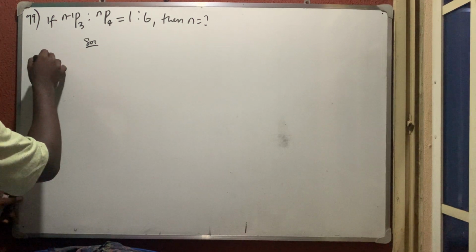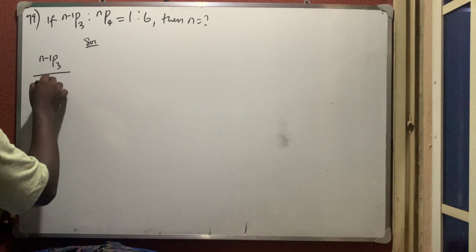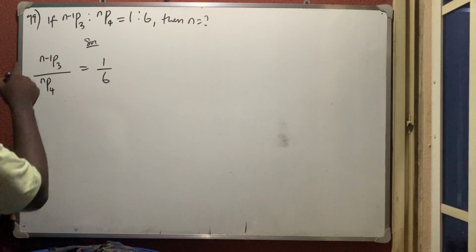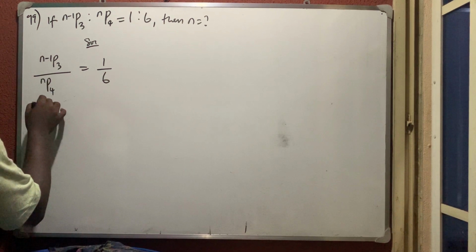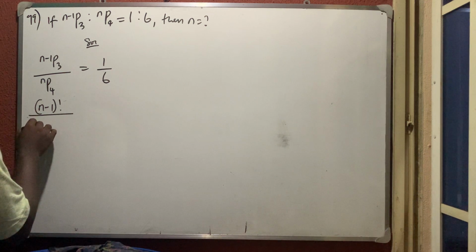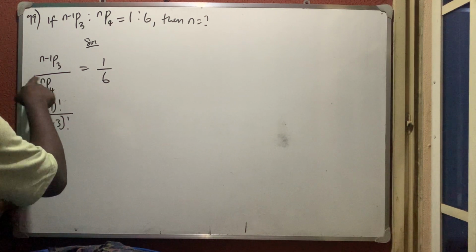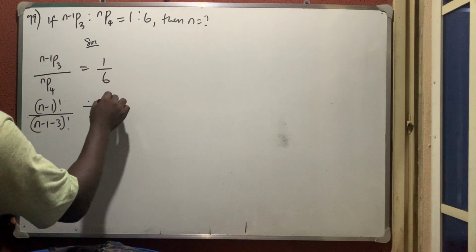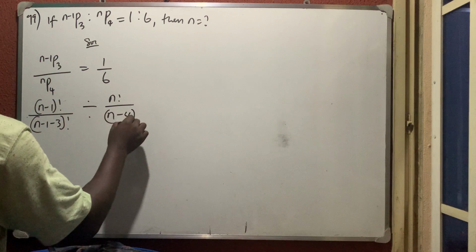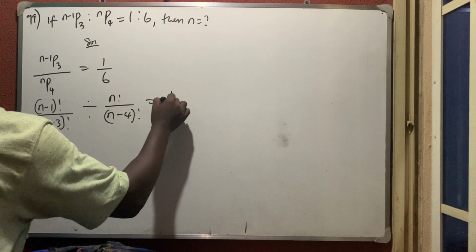So, n minus 1 permutation 3 divided by n permutation 4 is equal to 1 over 6. If you do this, I'm going to have n minus 1 factorial all over n minus 1 minus 3 factorial, divided by n factorial all over n minus 4 factorial, is equal to 1 over 6.